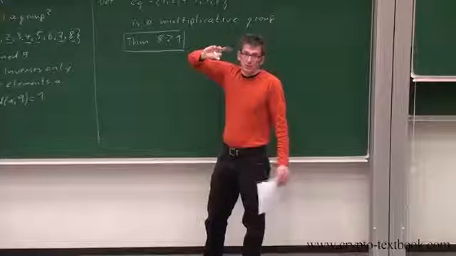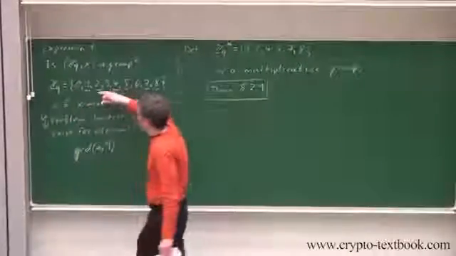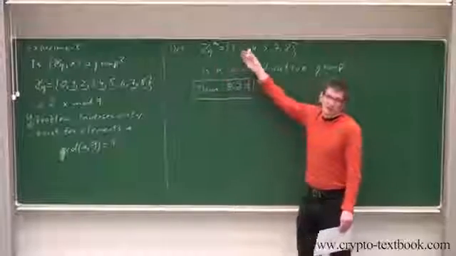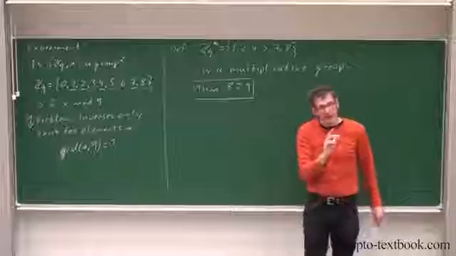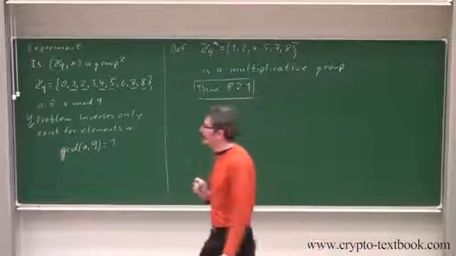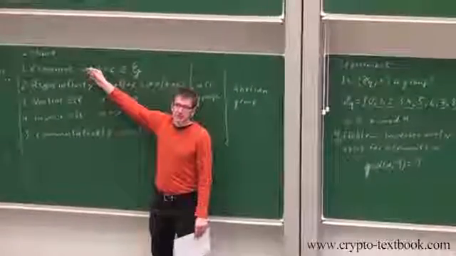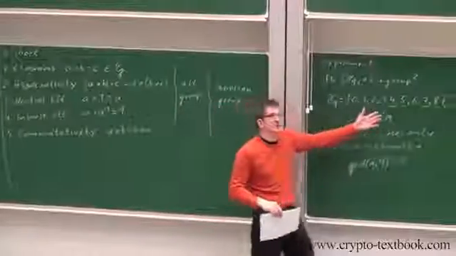Let's maybe talk a little bit about it. One thing that we stumbled upon before with the plain Z9 was that not all elements have inverses. What about here? Do you think all elements have inverses? Yeah, right, we kicked them out. So here's a thing that's now a little bit surprising, which is property 1, closeness, Abgeschlossenheit. In the earlier case that was more or less trivial.